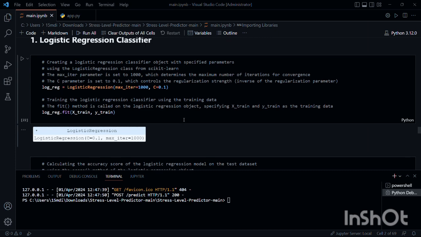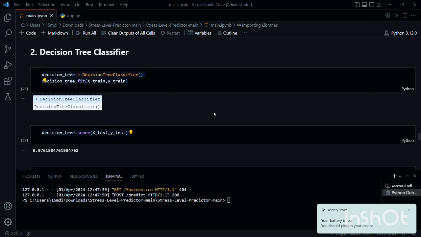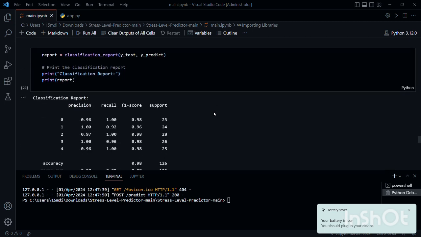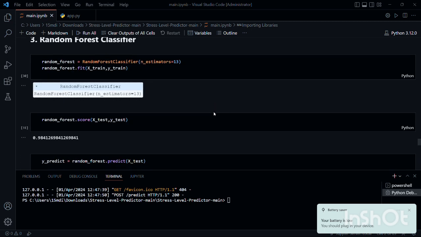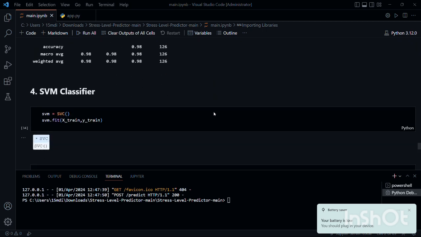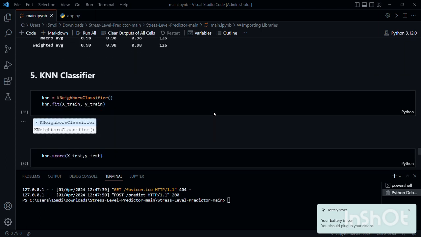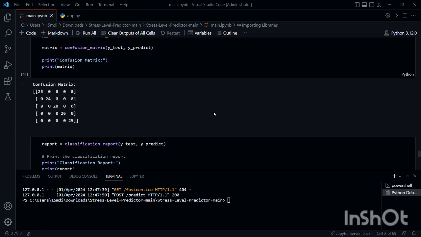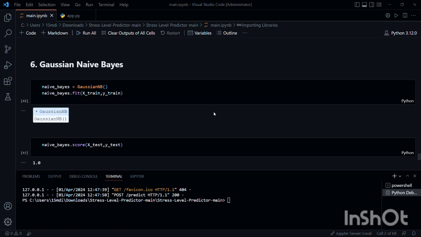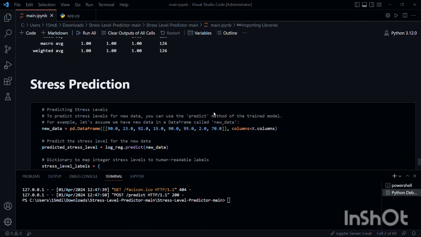The max iteration parameter is set to 1000, which determines the maximum number of iterations for convergence. Next are the decision tree classifier, the random forest classifier, the SVM classifier, the KNN classifier, and the last, Gaussian naive Bayes. These are the classifiers we are using for stress prediction.